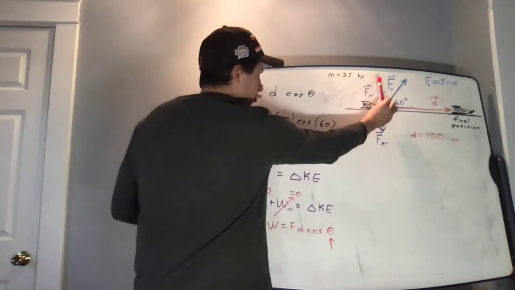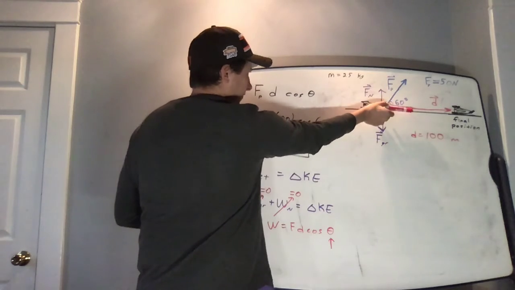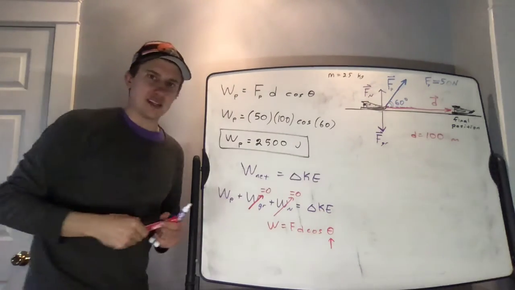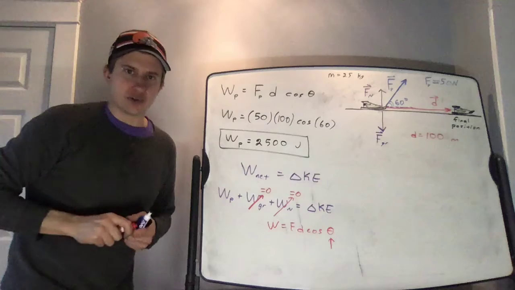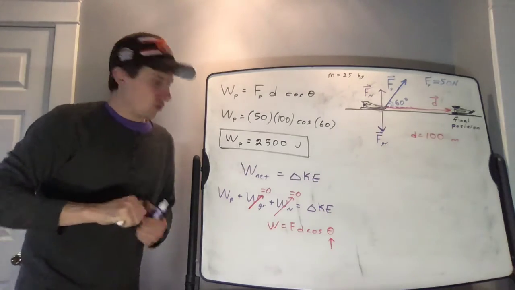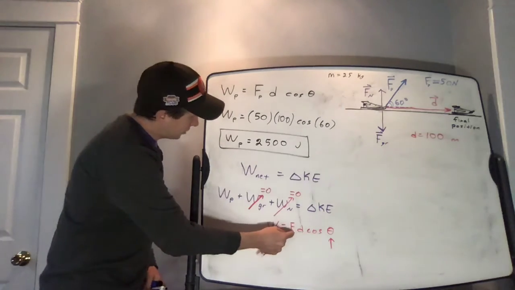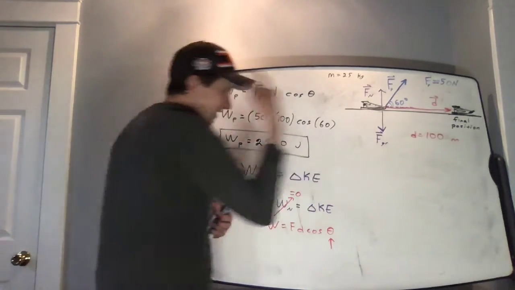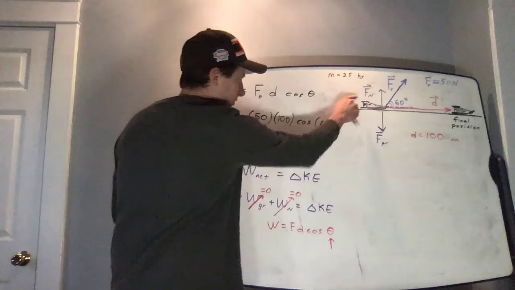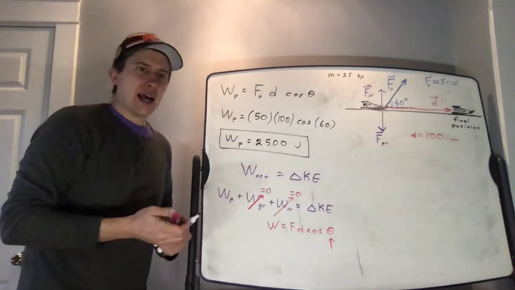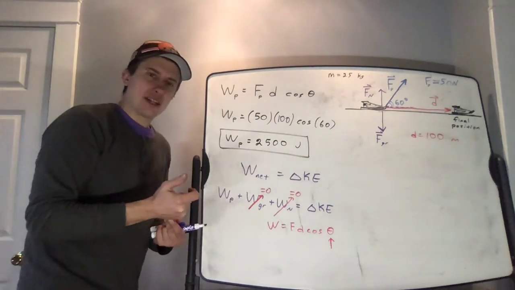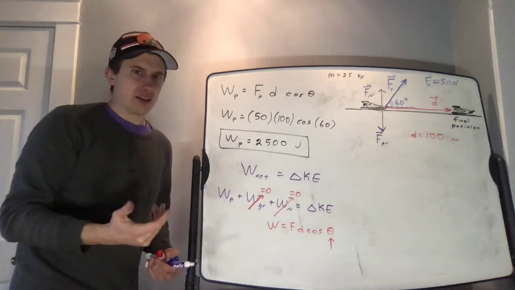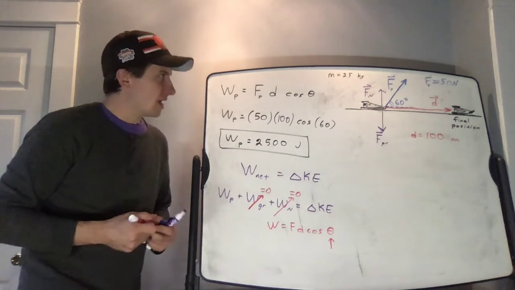The angle between the normal force and the displacement vector is also 90 degrees, and the cosine of 90 degrees is again 0. So even though I don't know the strength of the force of gravity on the sled, or the strength of the normal force on the sled, if I wanted to, I could calculate them, but I don't need to calculate them to answer this part of the question.